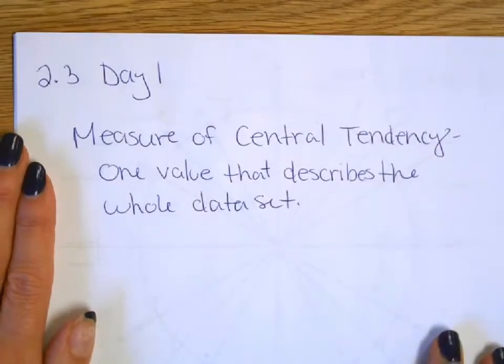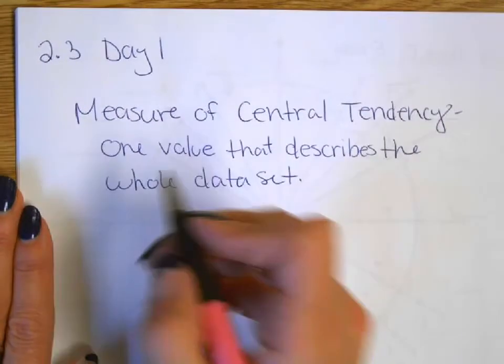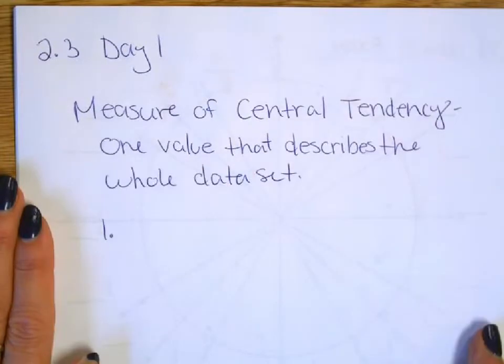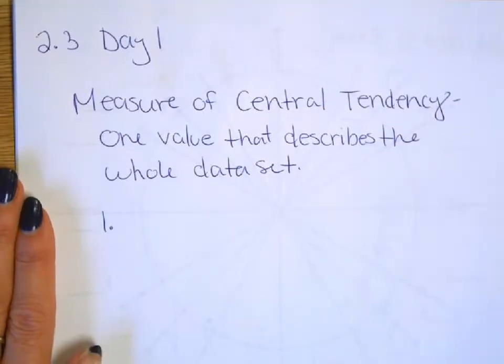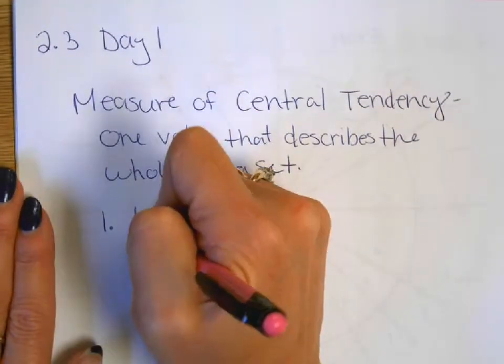And we've got three ways to do this. The most common used way to describe a data set is to use the mean, or the average.